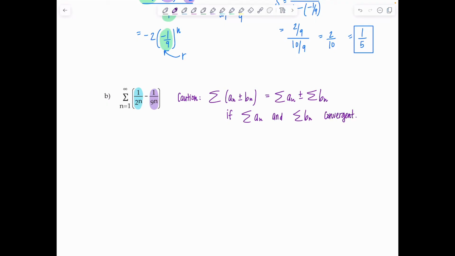So why am I saying that? Basically, you're not allowed to distribute this summation until you first confirm that both of the series for these terms independently are convergent. Otherwise this is an illegal step. The math police will come snatch you quick, fast, and in a hurry.